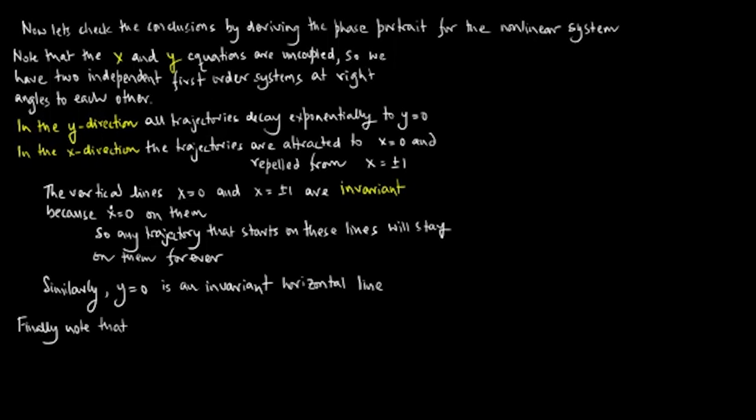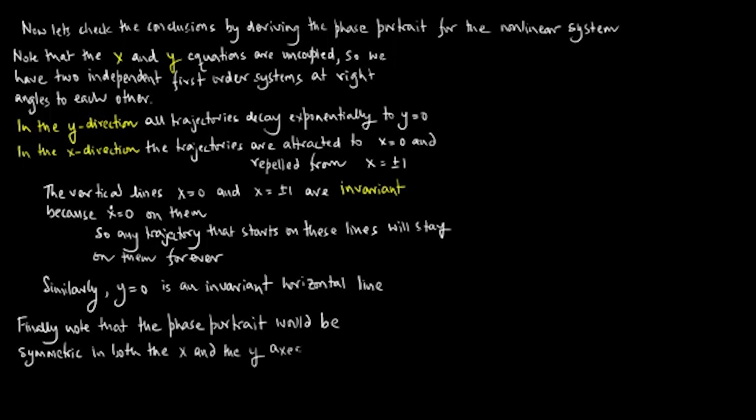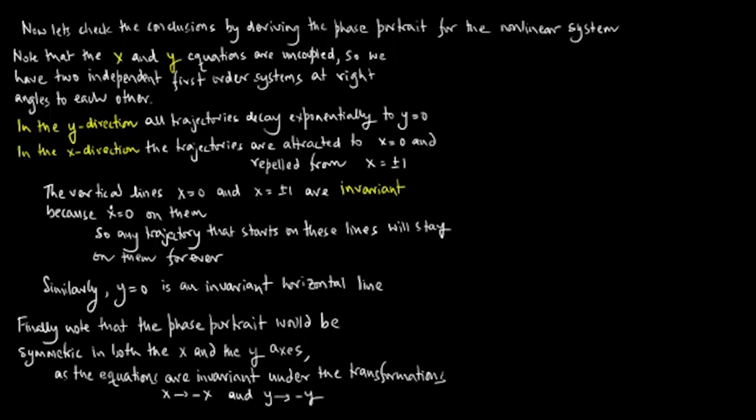Finally, note that the phase portrait would be symmetric in both the x and the y axes, as the equations are invariant under the transformations x to minus x and y to minus y.